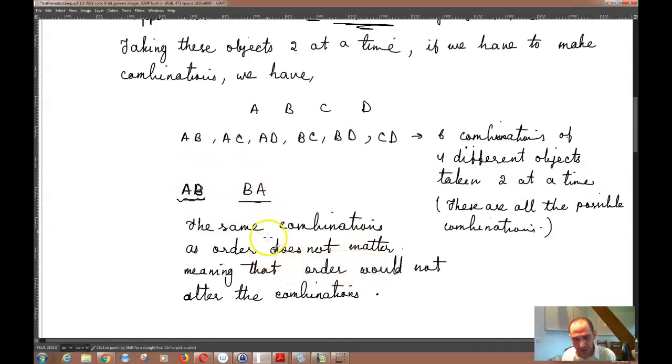But as we said here, order would not alter the combination, meaning that when you change the order, it doesn't make it a different combination. It's still the exact same combination. As far as the combination definition is concerned, the combination has not changed.